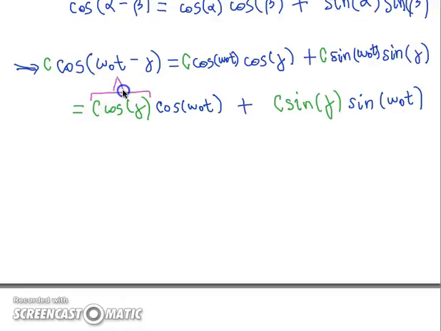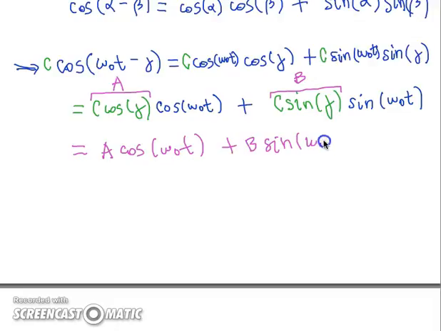We're going to call this constant a, and we're going to rename this other product of two constants as a new constant b. So this now looks like a cosine omega t plus b sine omega t, right?